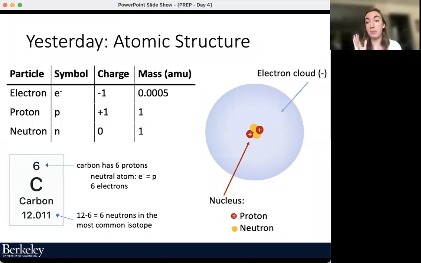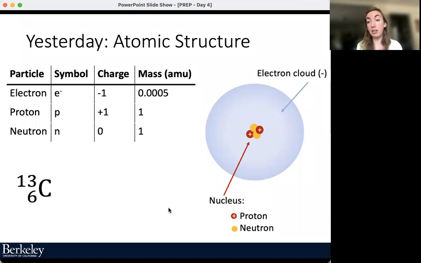So the most common mistake on the homework of the ones that are submitted so far had to do with isotopes. So what I just talked about was the most common isotope of carbon. So if you just look at the periodic table, the most common isotope is carbon 12. However, I could tell you I'm giving you an atom of carbon 13. So carbon is always going to have 6 protons because that's what makes it carbon.